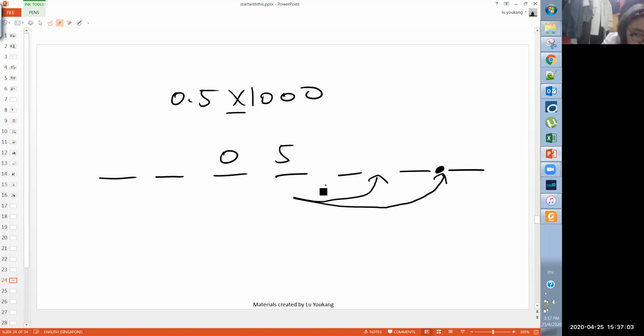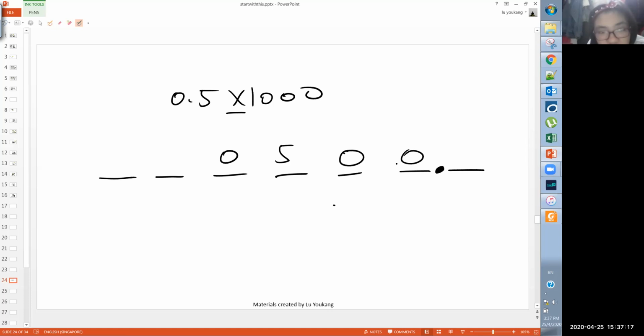So I need to erase. So now your dot is here, right? Can you see? Then after that, here you are still missing. So your answer is 500 dot. So 500 dot means 500.